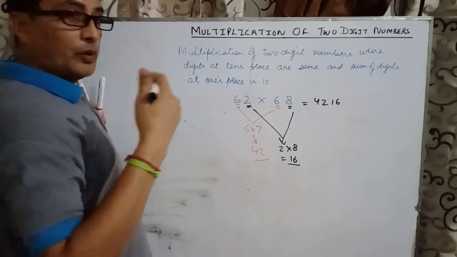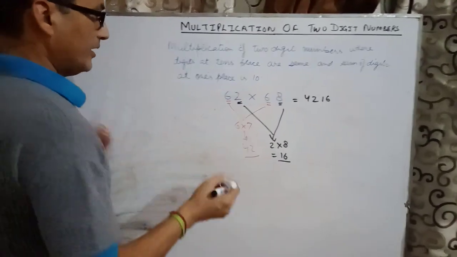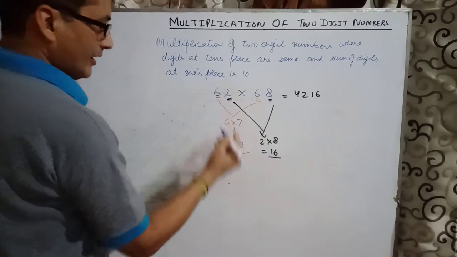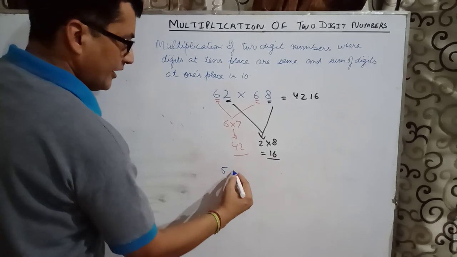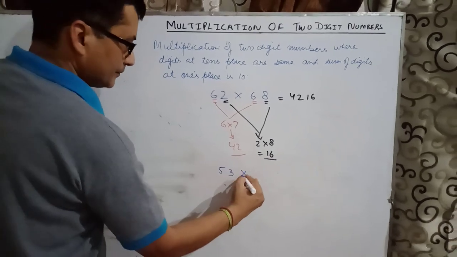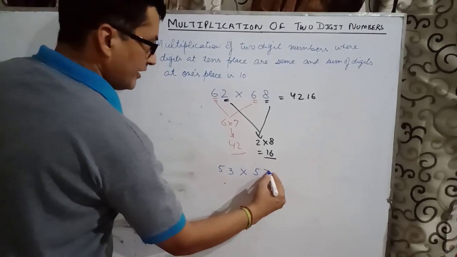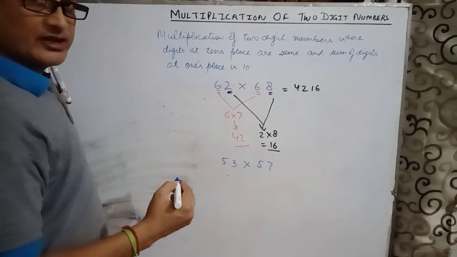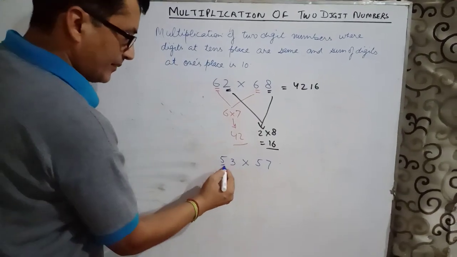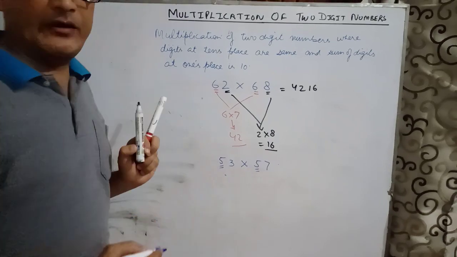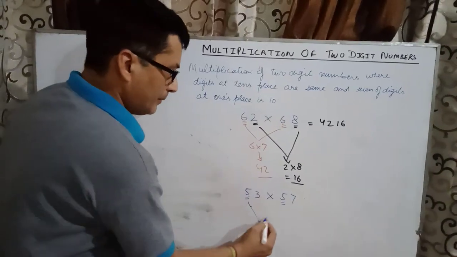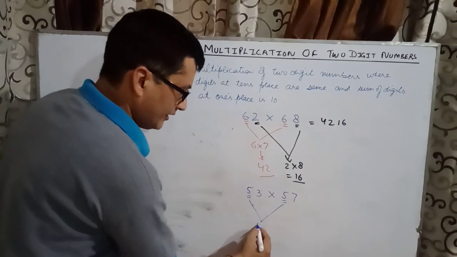I'll show you one more example. If you have 53 into 57. Now, the digits at the tens place are 5 and 5. So the number succeeding 5 is 6.